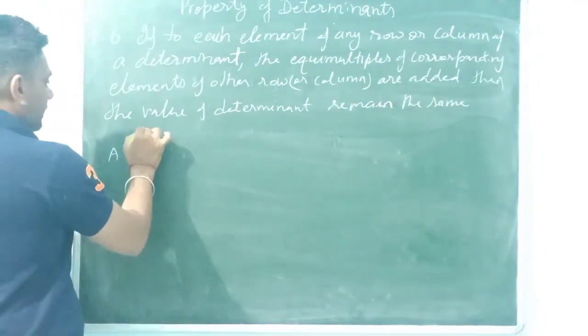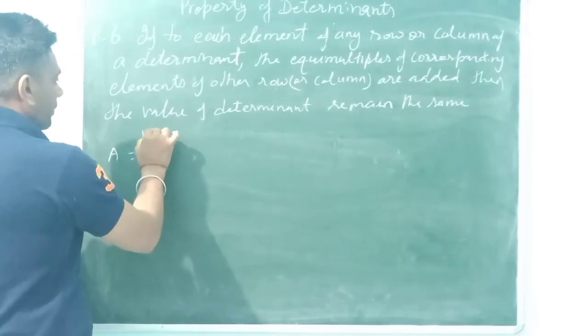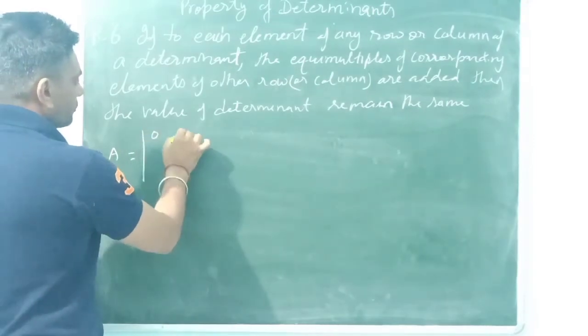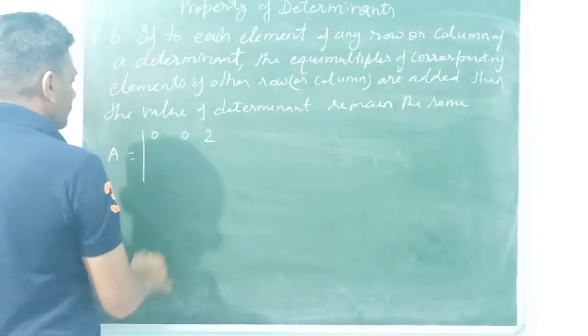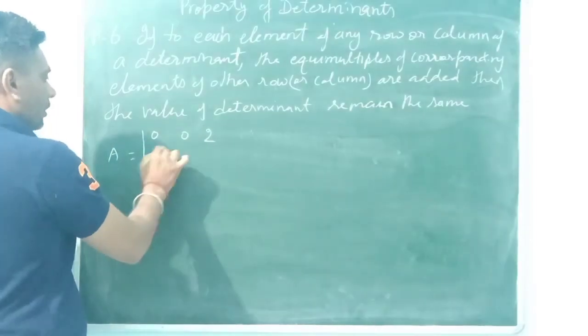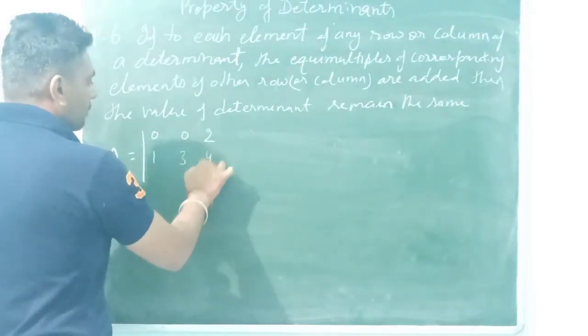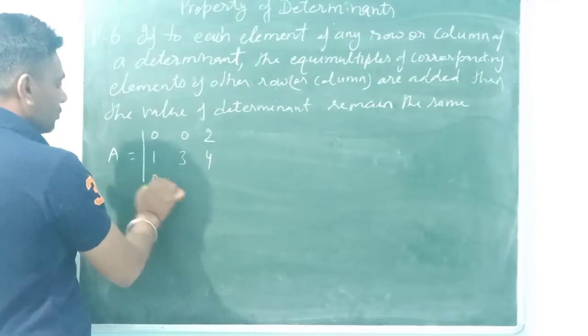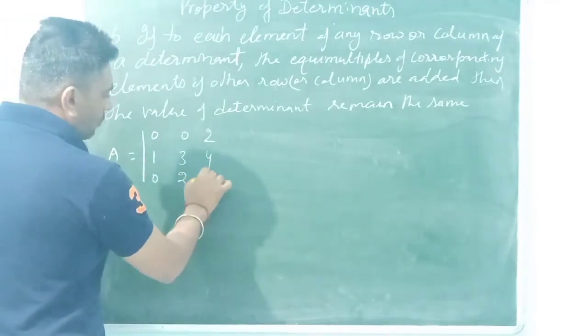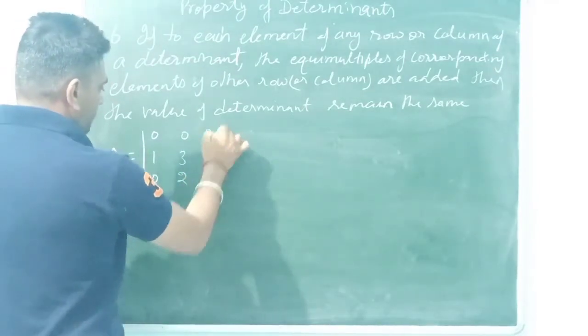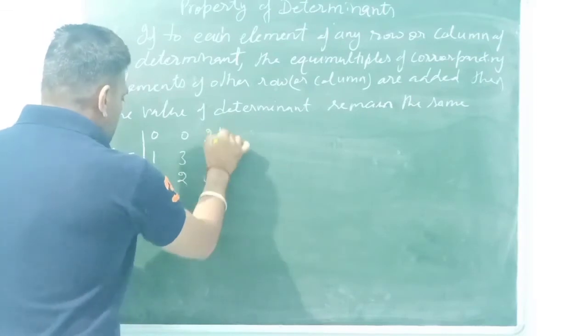A is the determinant with rows 0 0 2, 1 3 4, 0 2 1 0.